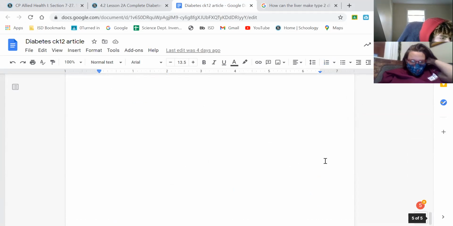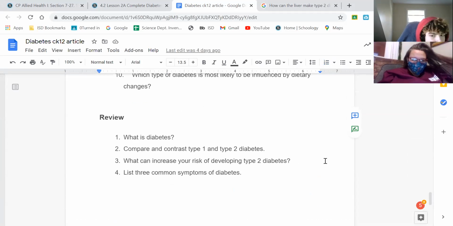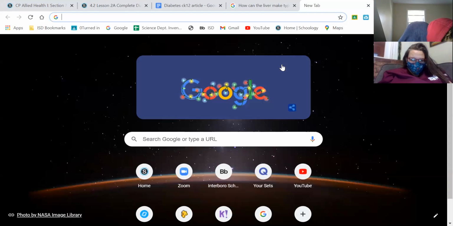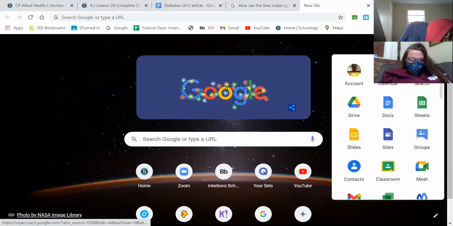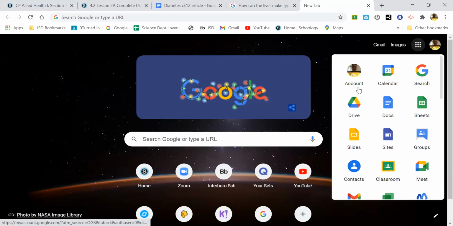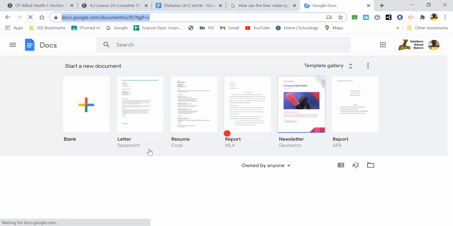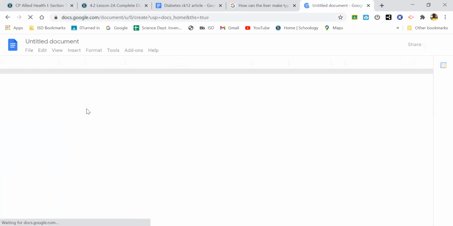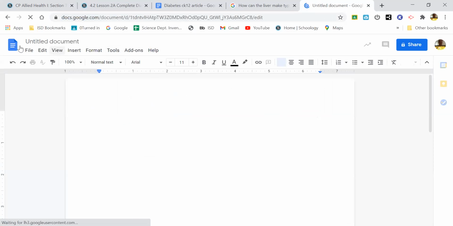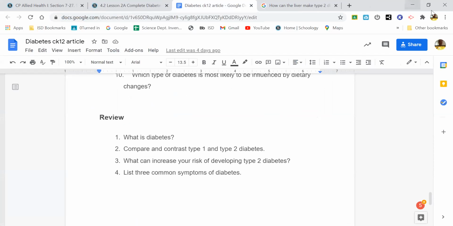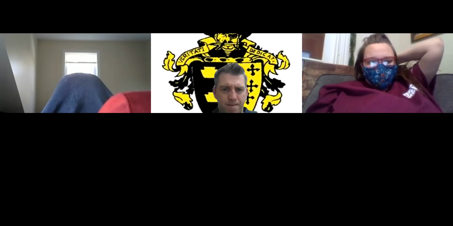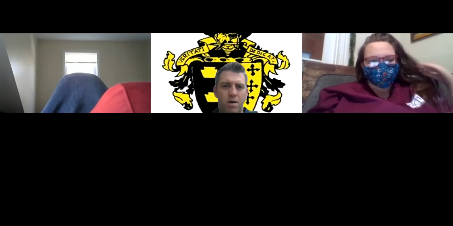So I'm going to make a chart for number 2, compare and contrast type 1 and type 2 diabetes. Open up my Google Docs. Actually, what I'm going to do is stop sharing and open a new screen to answer number 2.